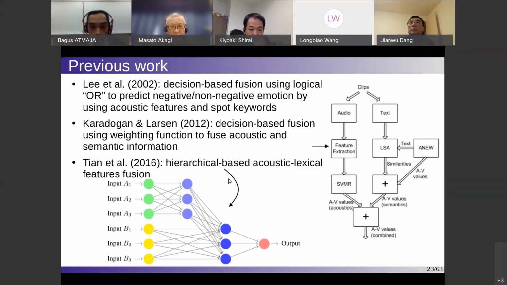They claim, based on psychology, that our brain processes information in multiple stages, at different levels. So they input acoustic features at the first layer, while linguistic information is in the second layer. Again, the linguistic information here is lexical features similar to the previous one, like from a dictionary. So although the idea is the same, fusing acoustic and linguistic, the concept and the approach are different. That's my answer, I think.